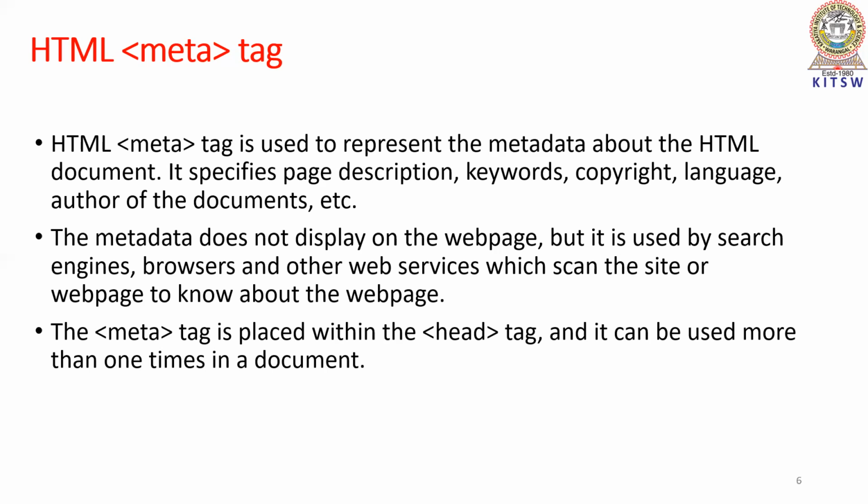Metadata means what? Page description, keywords, copyright, language, and who is the author of the document. We are going to use metadata to display this information about the HTML document.